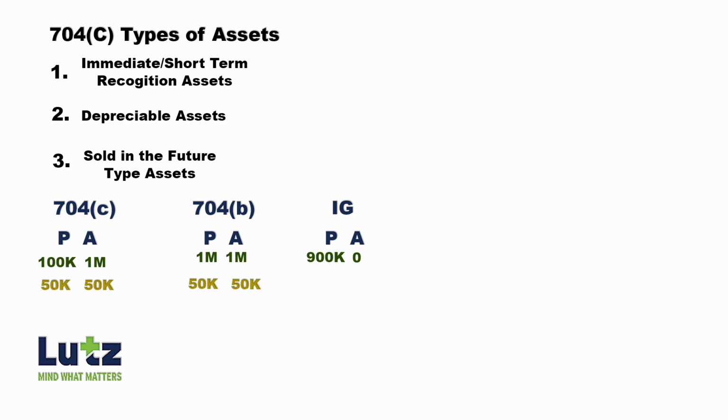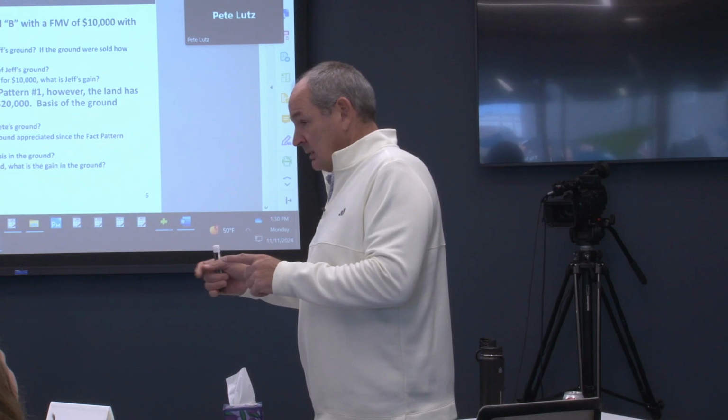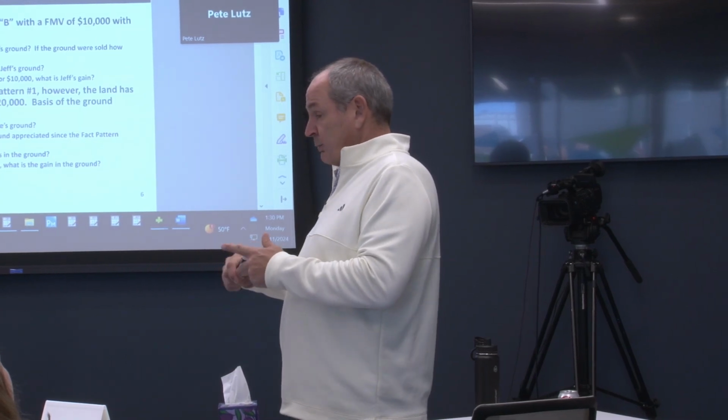you know how to execute on the rule, but it's not intuitive. Is it intuitive that Pete went to the bank and either borrowed 100,000 or pulled 100,000 out of his bank account, went and bought a piece of ground? You can wrap your head around that concept because there was an actual action that took place.